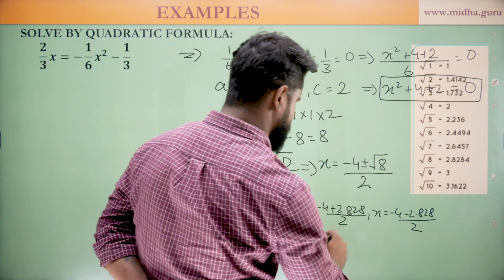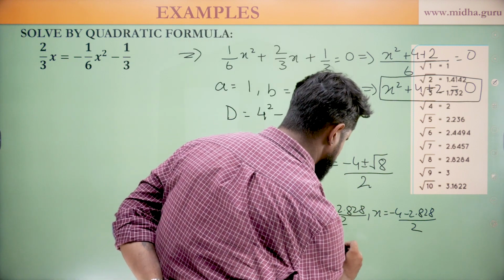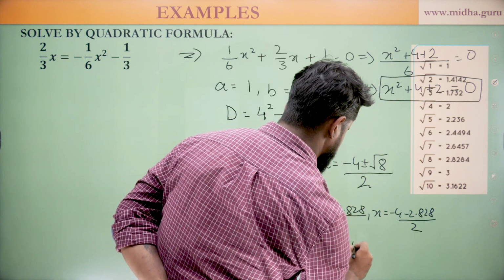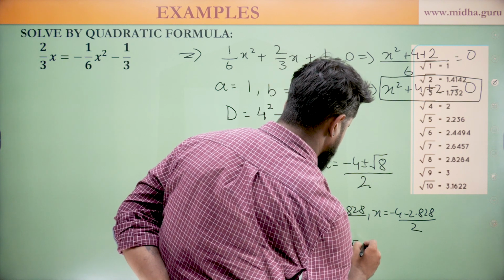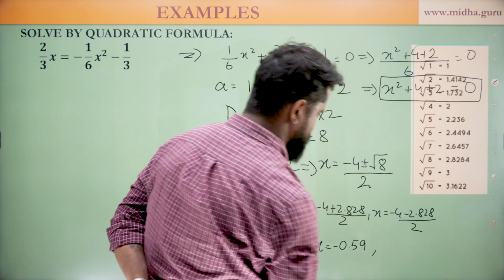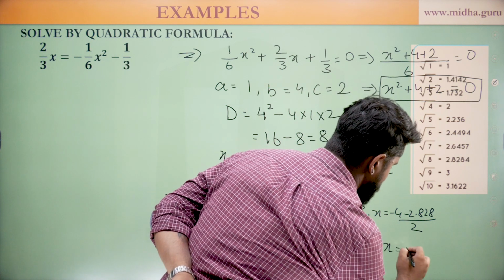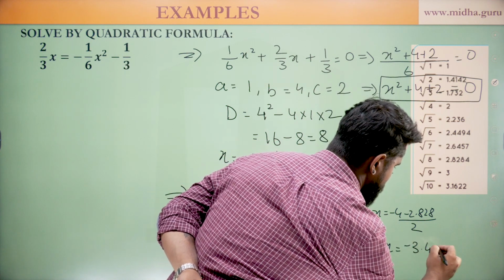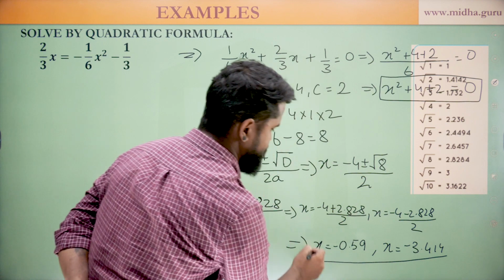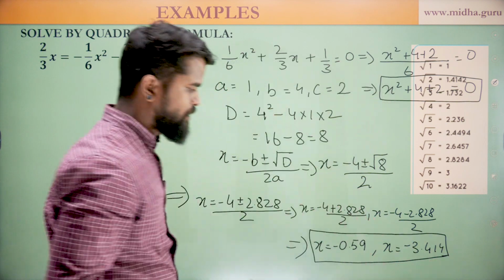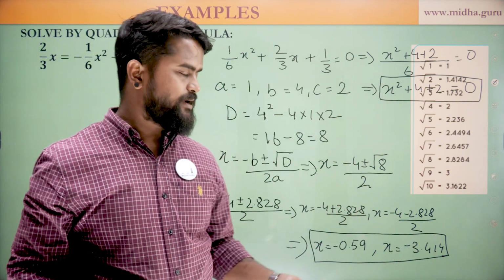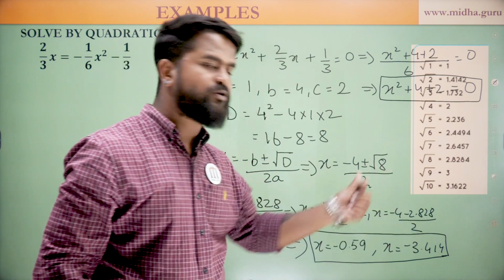One will be equal to... so, unlike the earlier case, we don't have a perfect square root for D.